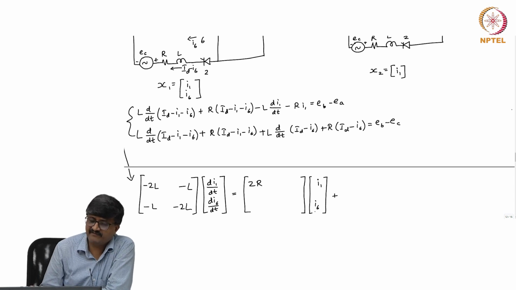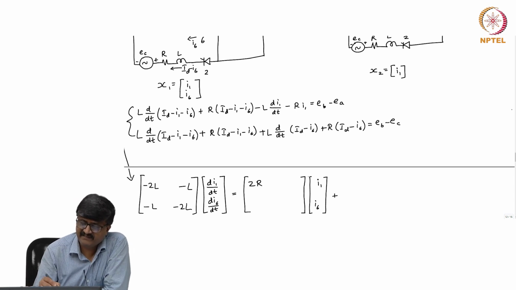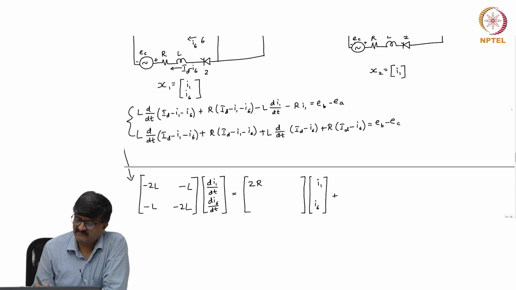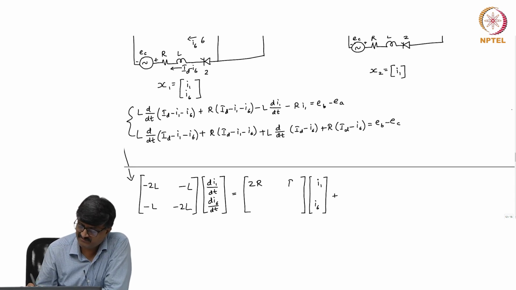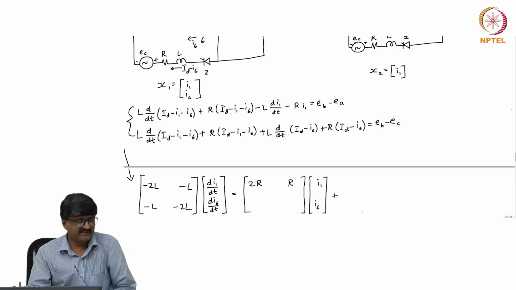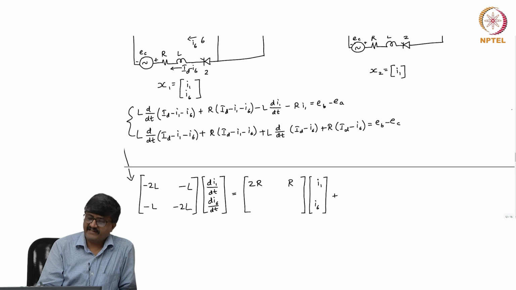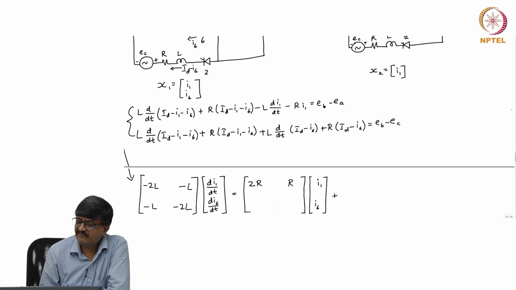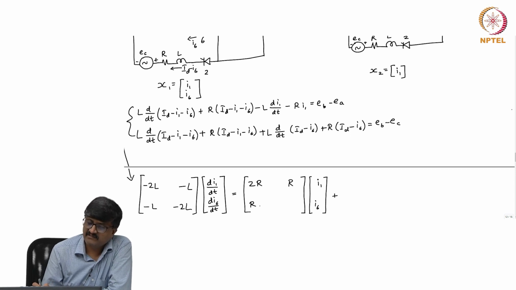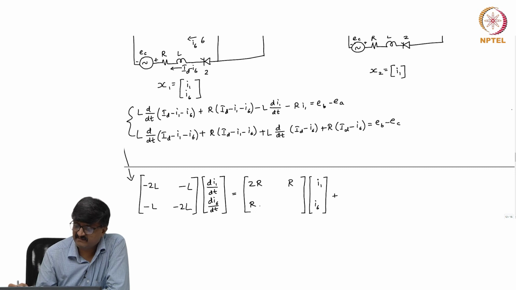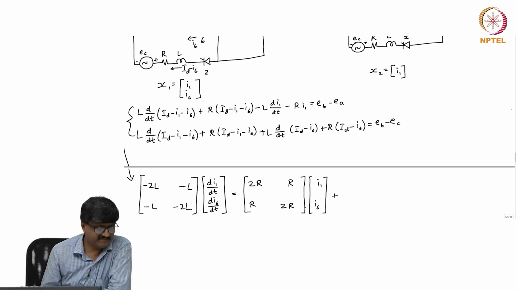Similarly, the coefficient of I6 in the first equation is minus R I6, so on the right hand side it is R I6. In the second equation, the coefficient of I1 is minus R, so on the right hand side it is R. The coefficient of I6 in the second equation is minus 2R, so on the right hand side it is 2R.